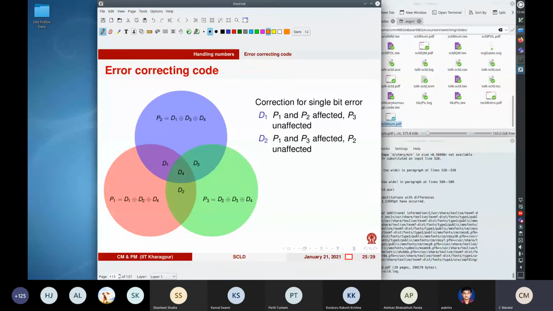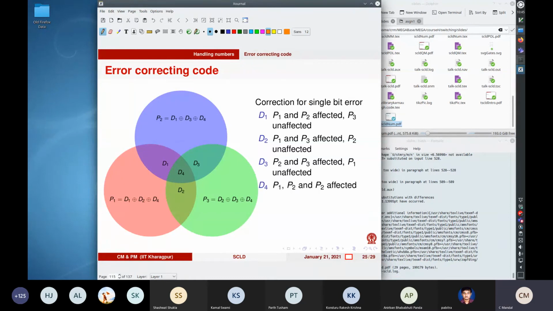So that way you can see that if D3 goes into error, only P2 and P3 are affected, whereas P1 remains unaffected, all right? And if D4 goes into error, then all of these are affected, all right?